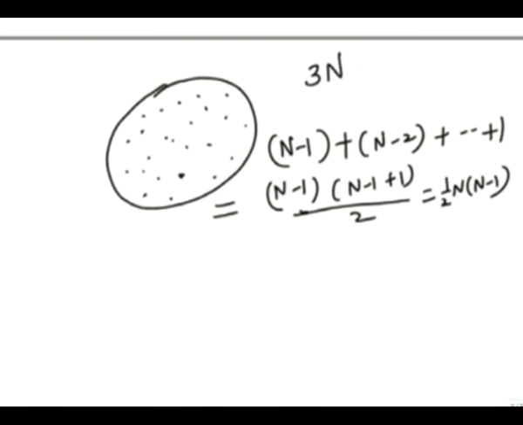Now for large n, obviously these total available constraint equations are more than 3n. Suppose n is equal to 100, then 3n is 300, but this will be 100 times 99 by 2, that means 50 into 99, which is 4950.